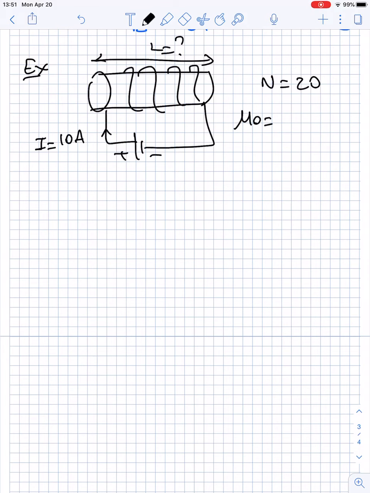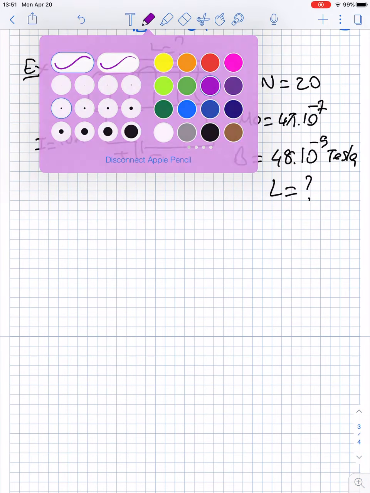Mu 0 is a constant, 4 pi times 10 to the power minus 7, and the magnetic field of the solenoid I gave, it is 48 times 10 to the power minus 7 tesla. Find the length of the solenoid.